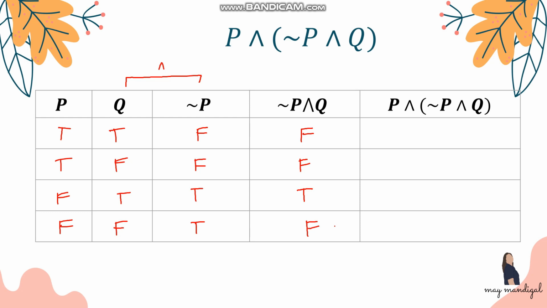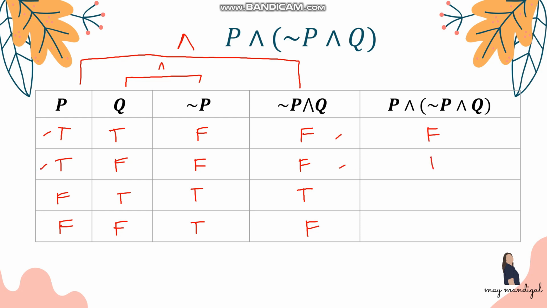And then after that, we will now get P and not P and Q. So we will be getting these two right here. And we'll be getting again the conjunction of that. So we have true, we have false. So that means the conjunction is false because they are different values. We have true, we have false.